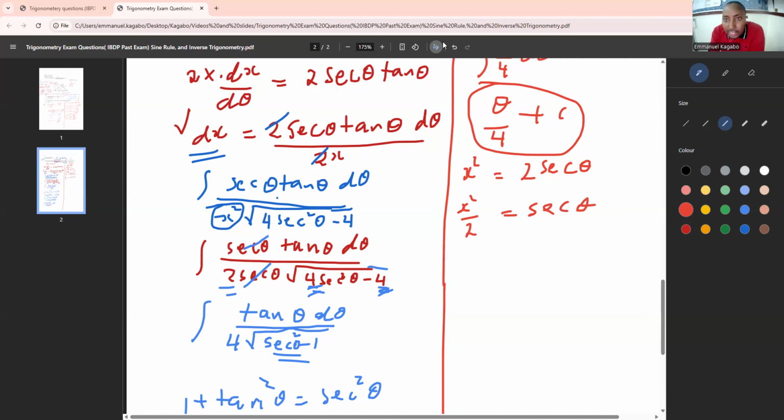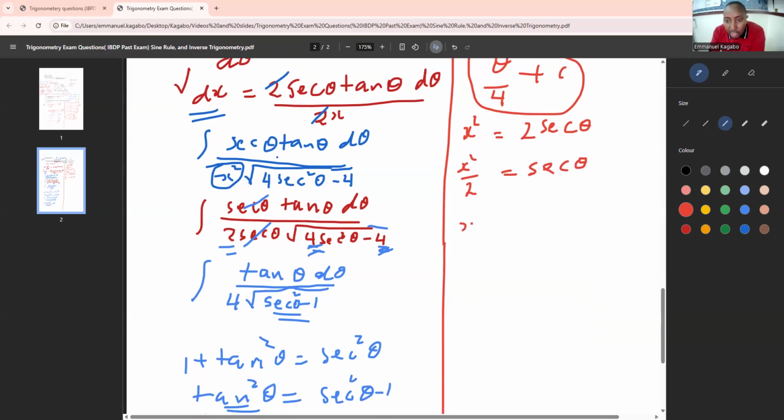What is sec, guys? Sec is 1 over cos. That means here I'll have x squared over 2 equals 1 over cos theta.